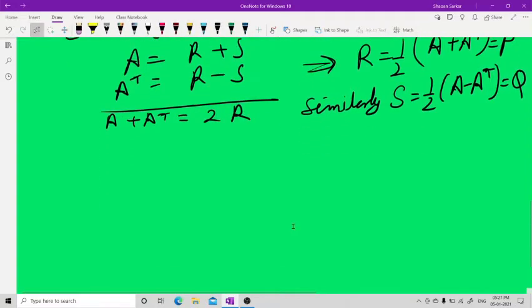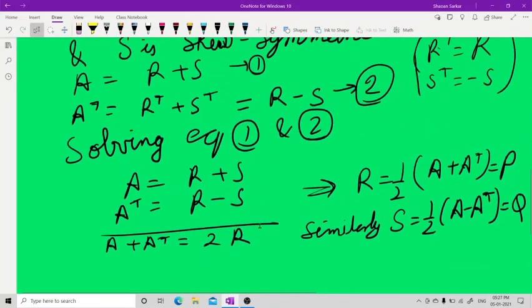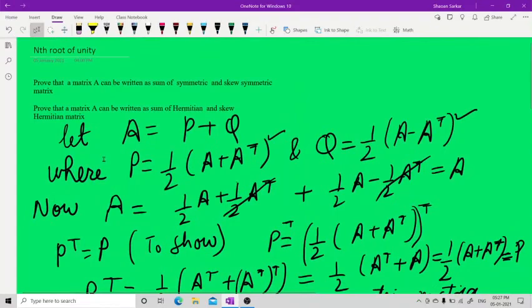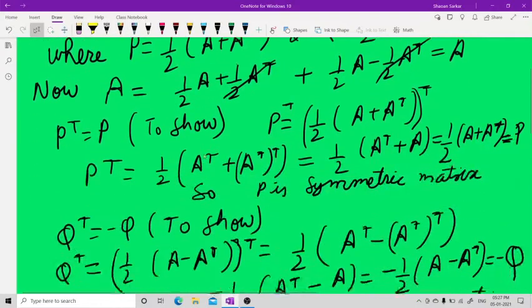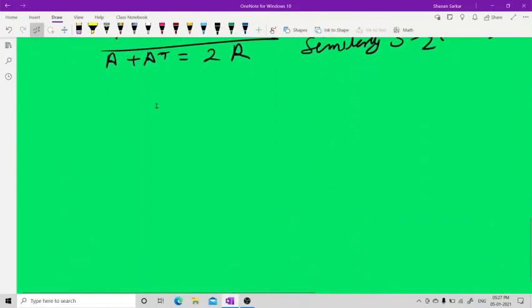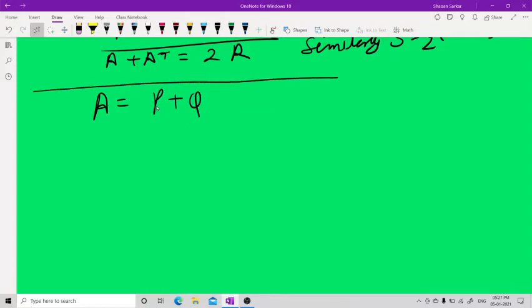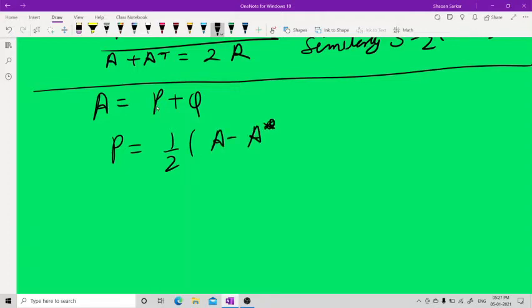Now similarly, the second part is how to show that a matrix can be written as a Hermitian and a skew-Hermitian matrix. What you need to do is write the same thing, A is equal to P plus Q, where P is half A plus A star, the conjugate transpose, and Q is half A minus A star. This I am not doing for you. You can do this as homework.